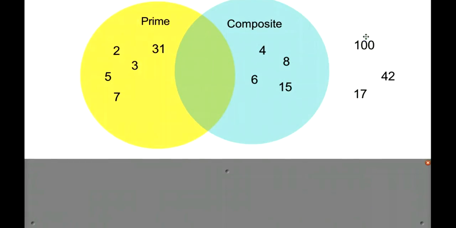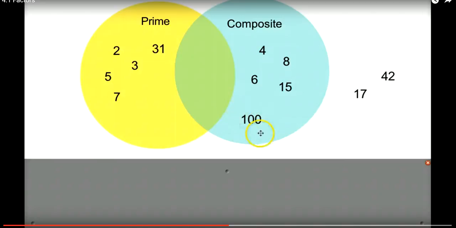100, I have 1 times 100, and I also have 10 times 10. I can list more than those factors. However, all I need are 2 pairs, 2 sets of numbers to multiply together, or one more other than 1 and itself. So if I know that there is one other pair of numbers or a set of factors, then I know that the number is composite.